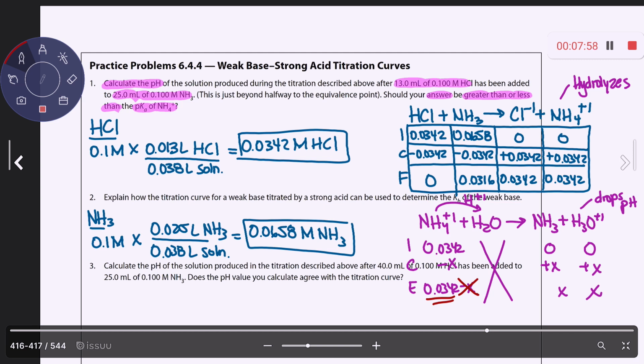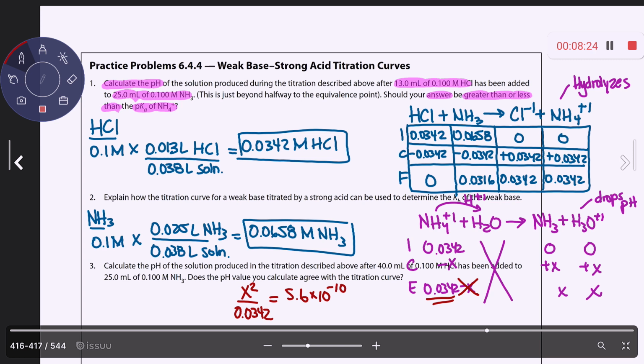So this is going to be x squared divided by 0.0342, and then this is equal to the value from the table, the 5.6 times 10 to the negative 10. Solve for x.